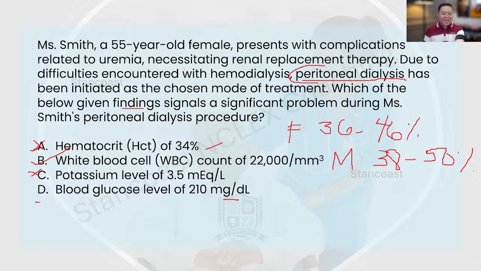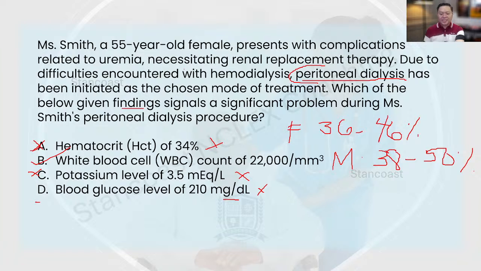Now, again, the next testing strategy here is to eliminate those clearly incorrect options. Letter A is incorrect, letter C is incorrect, and letter D is also incorrect. Those are obvious reasons that will not hold us from doing the next dialysis session.